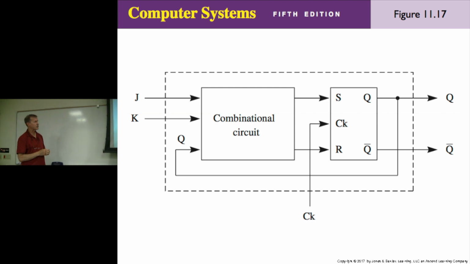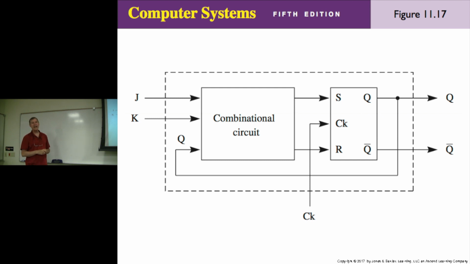Now, the block that says combinational circuit, how many inputs does it have? 3. J going in, K going in, and Q going in. And how many outputs does it have? 2.